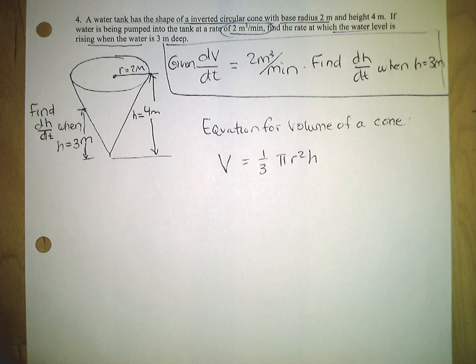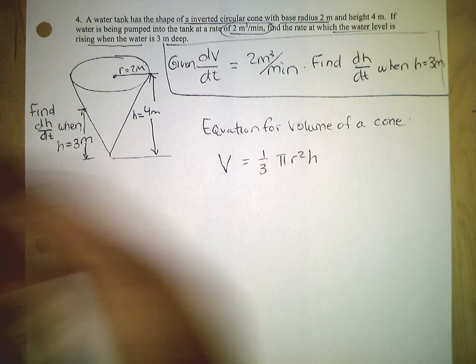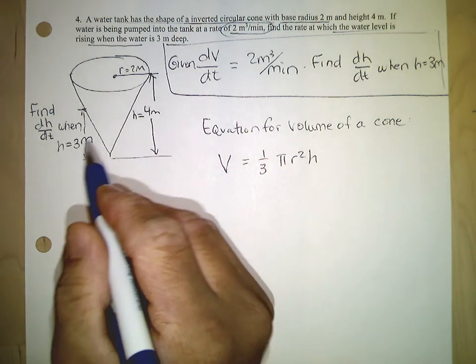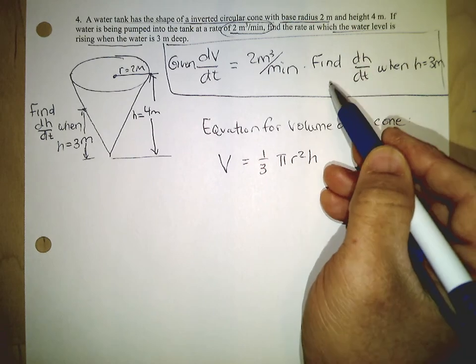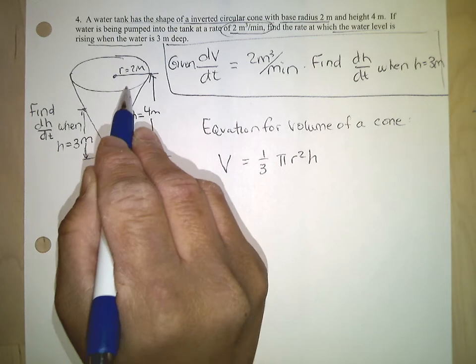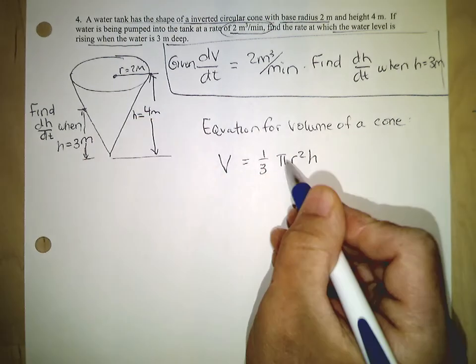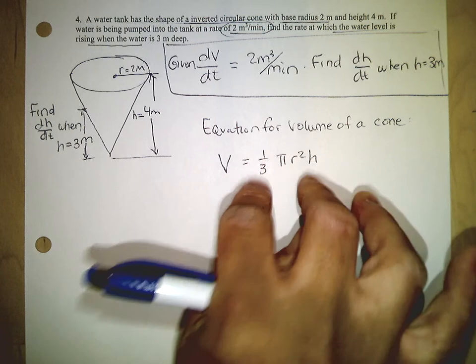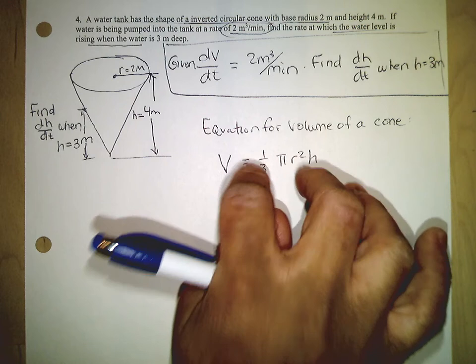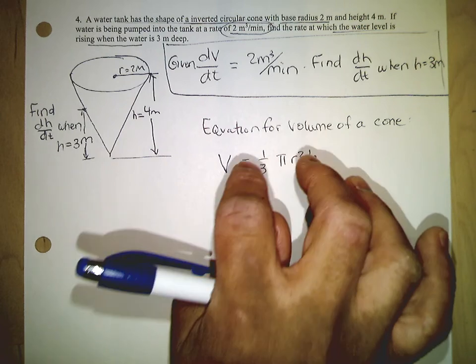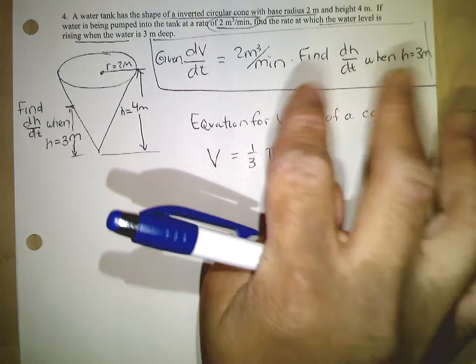Now, you see that there are only two variables here that we have, V and h, along with the t for a third variable. But if you try to introduce the r, that's a fourth variable. So before we go any further, let's write this in terms of only the V's and the h's.